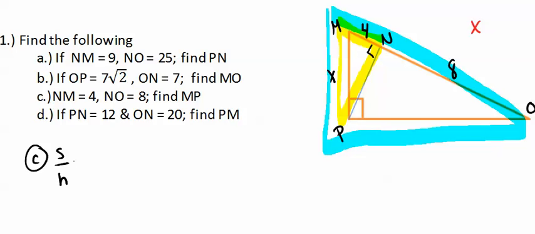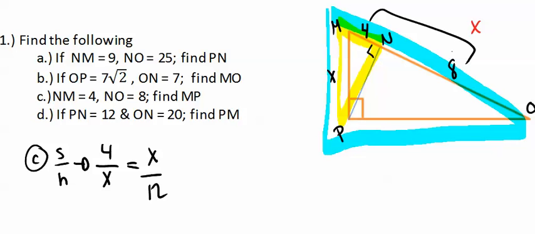From the yellow section, I have 4 over x equals x over 12, because I need to add the 4 and the 8 together. X squared equals 48. X equals square root of 48. I will rationalize, or reduce, so that will be 4 square root of 3.